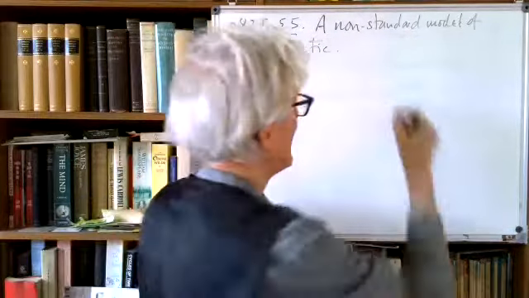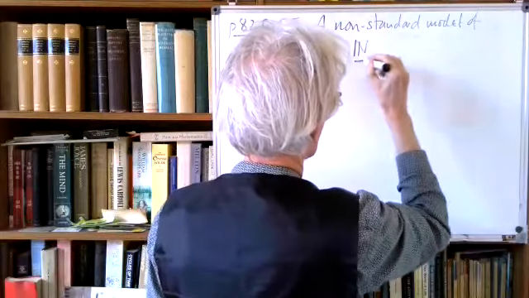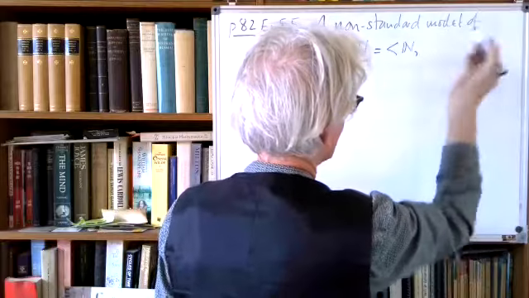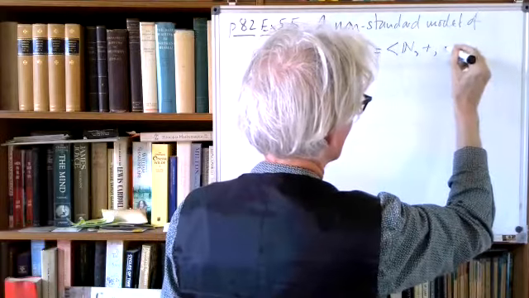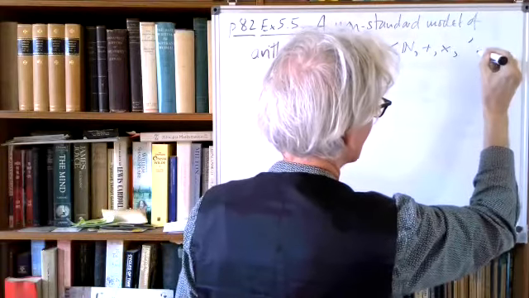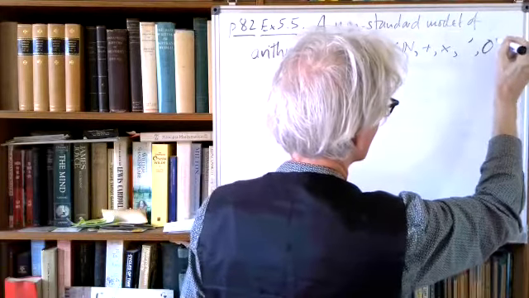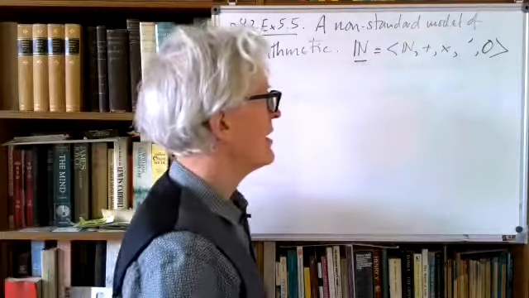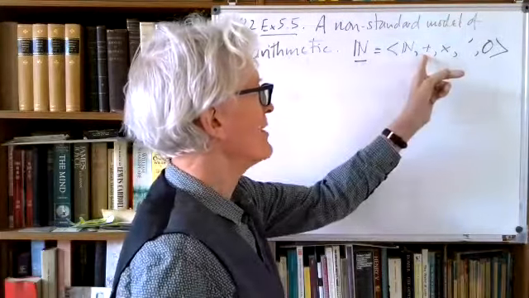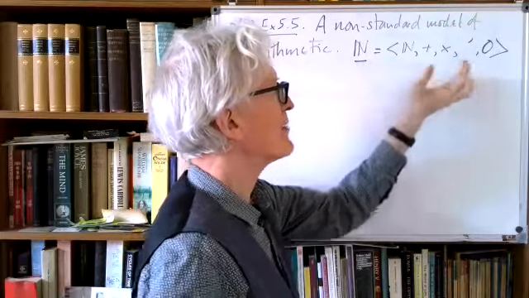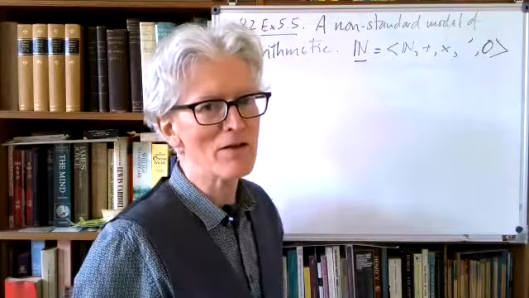So our usual standard model is just the natural numbers. And we take as two binary functions, plus and times. There's a successor function, add 1, and a constant 0. I'm omitting the superscripts here. These are the symbols of the language, but they're interpreted in the usual way.